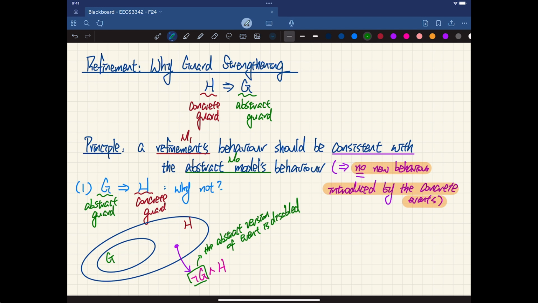On the other hand, the H over here tells you that the corresponding concrete version of the events is enabled.